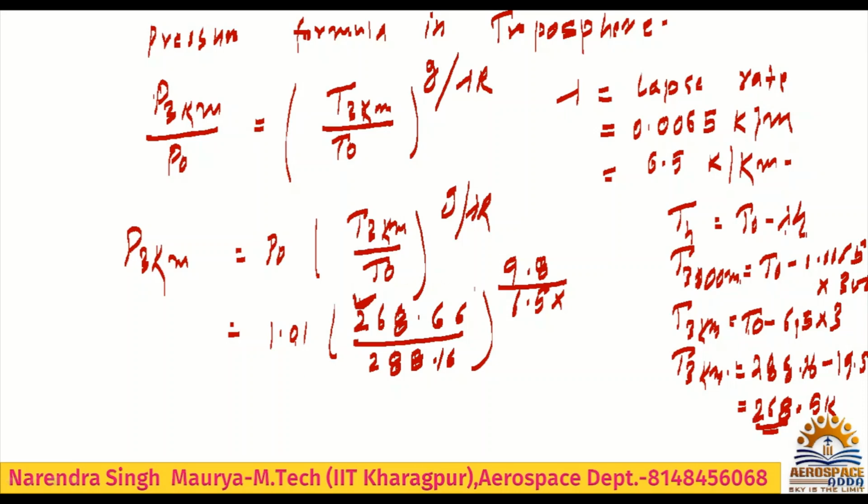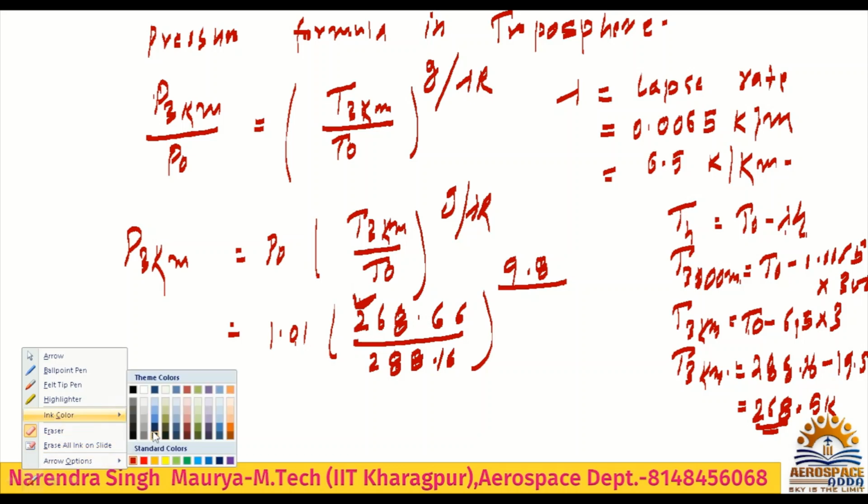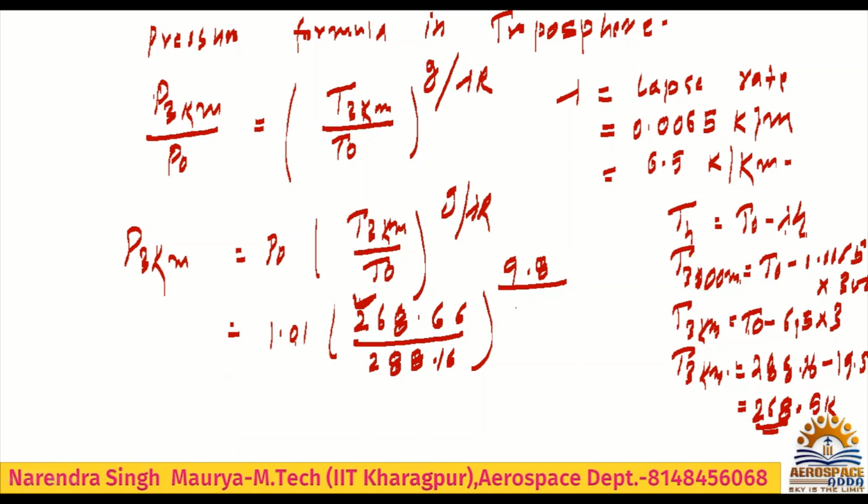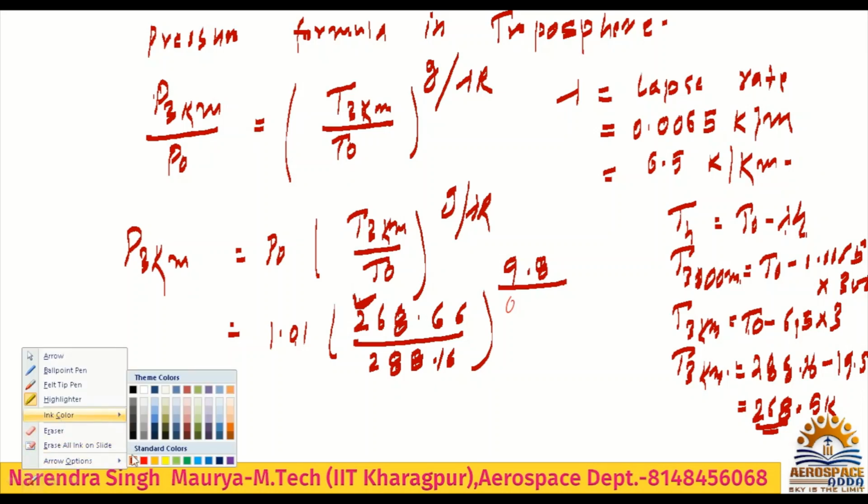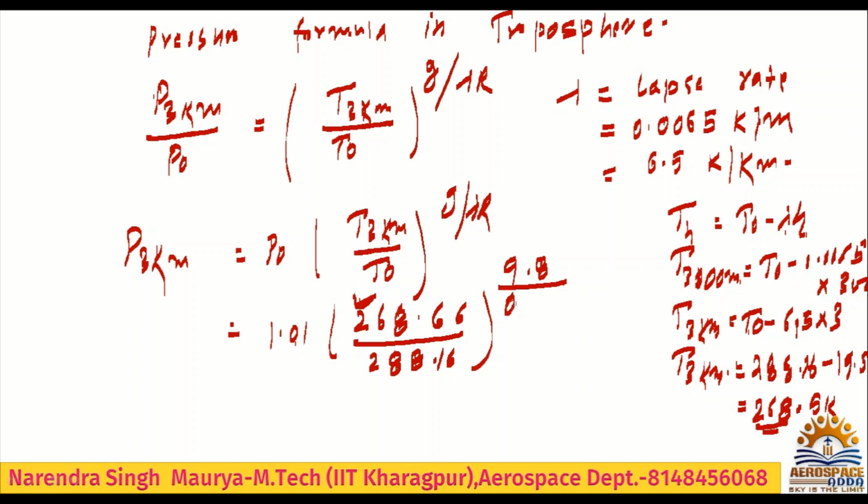Anyway, you just write 0.0065 into R, because the standard unit is meter, not kilometer.